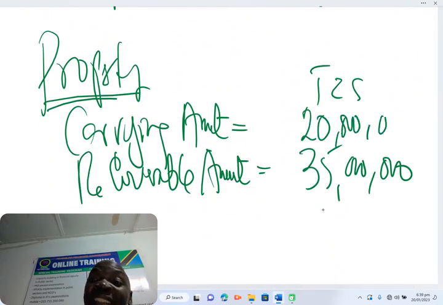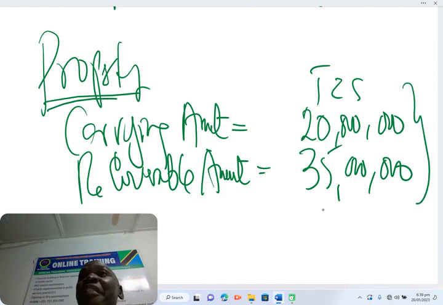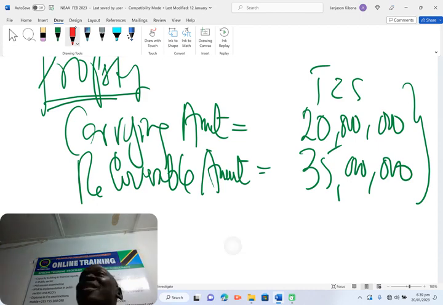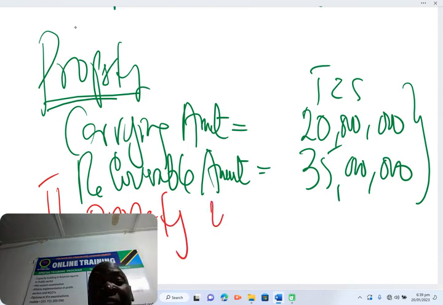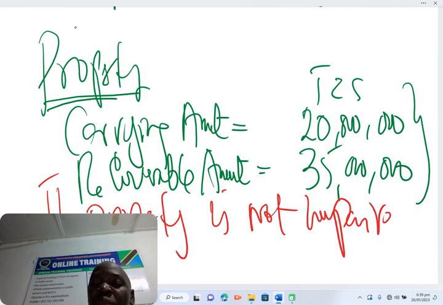The carrying amount is 20. The recoverable amount is 35 million. Is the property impaired? No. So the property is not impaired. These are the basic information for this problem.